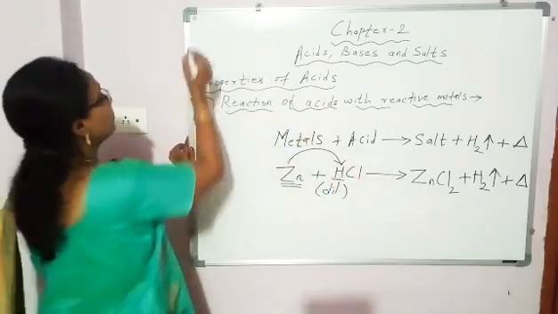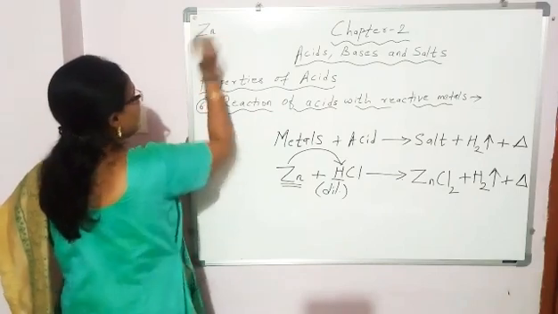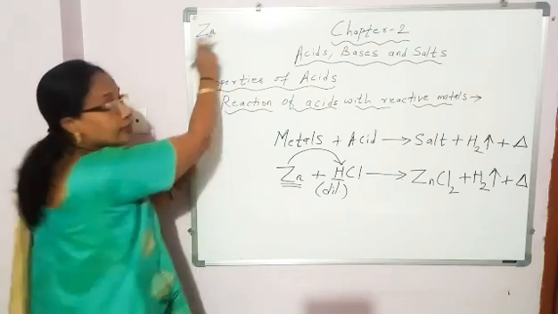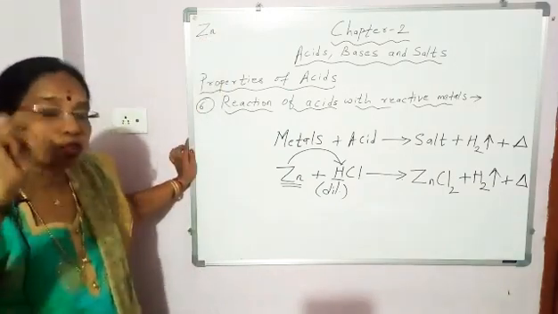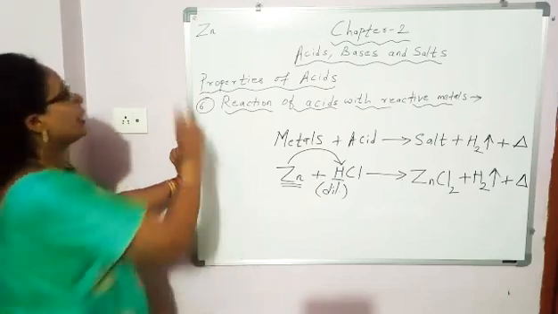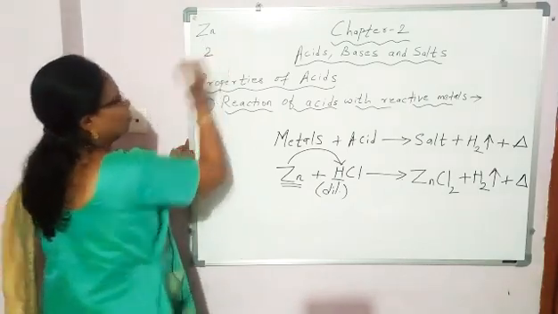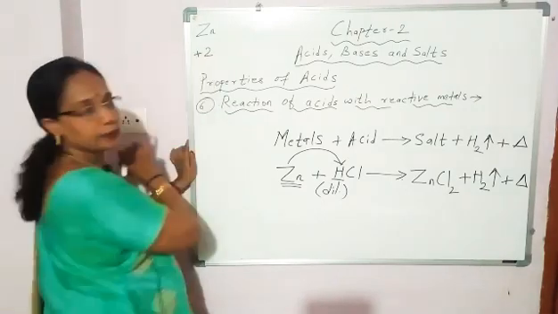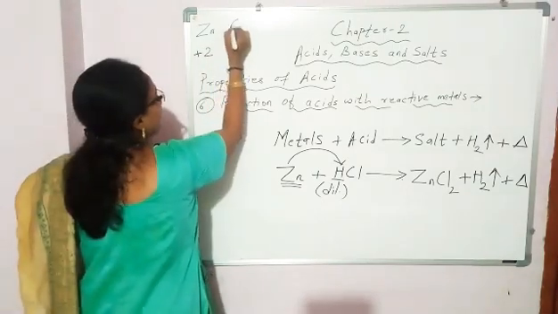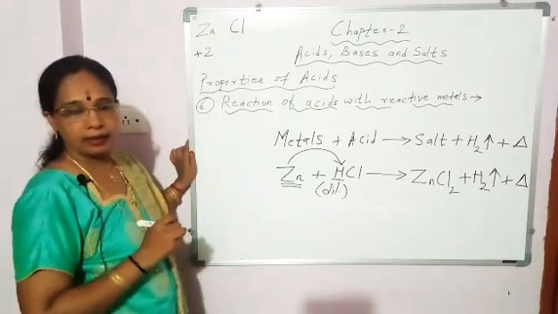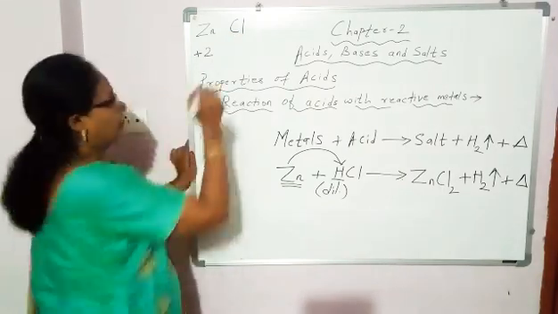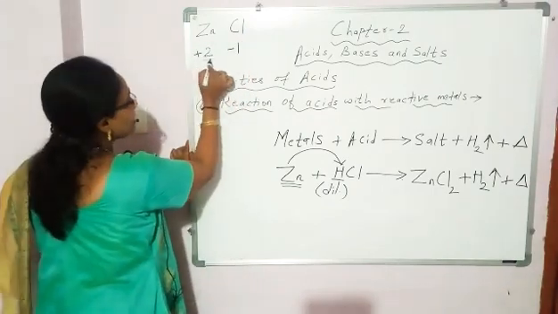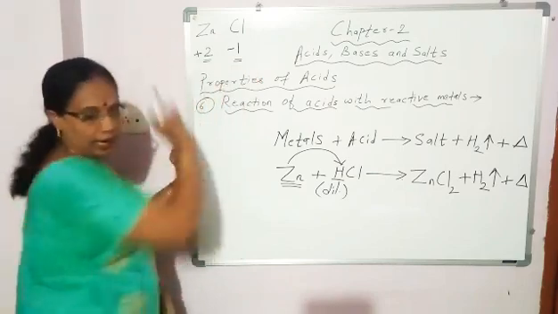Like zinc chloride. Zinc, what is symbol? Zn. And whenever you write a symbol, first letter capital, second letter small, and size should also be small. Now, valency of zinc is 2 and it is positive ion. So, plus you will add here. Now, chloride, capital C, small l, and valency is 1 and it is a negative ion.